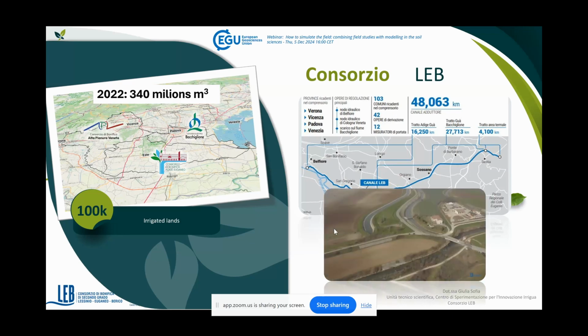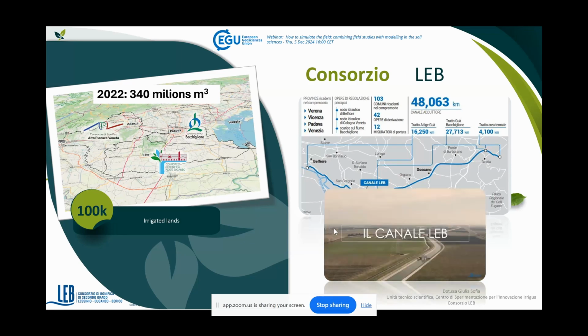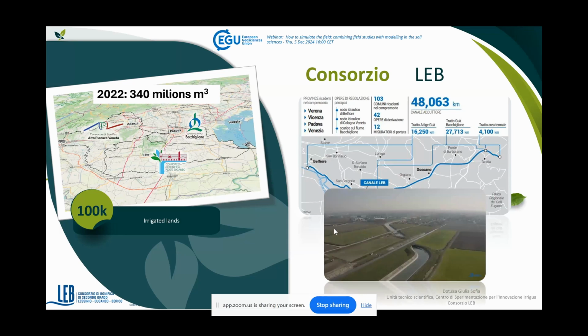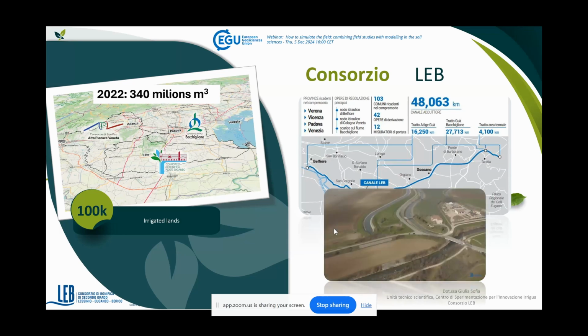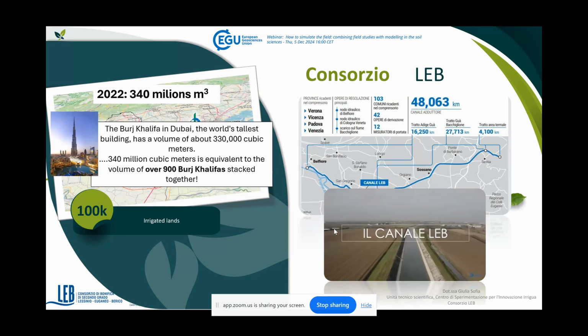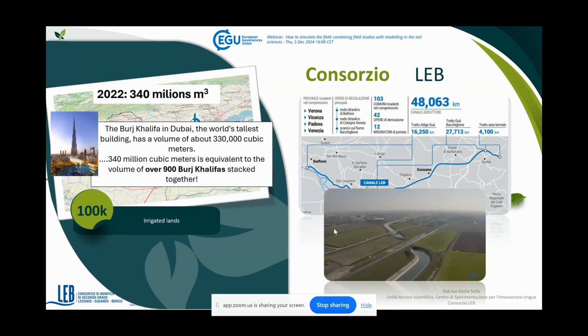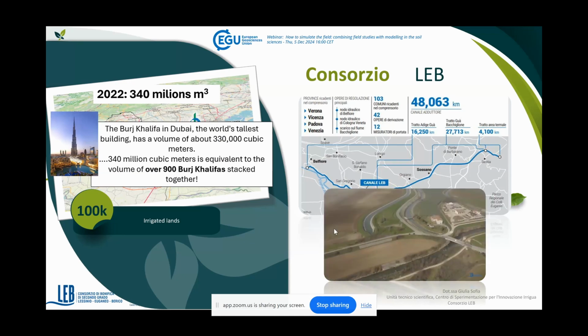At the same time, we are talking about volumes of water that, over 6 months in a year, amount to about 400 million cubic meters. Just to give you an idea, it's about 900 Olympic swimming pools stacked together, which are given to agricultural land.